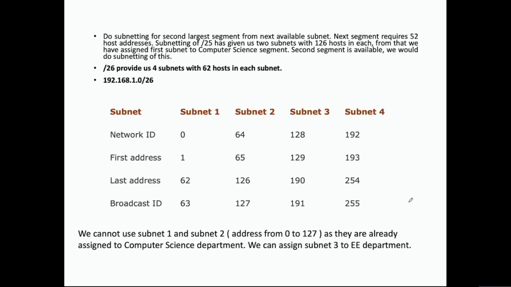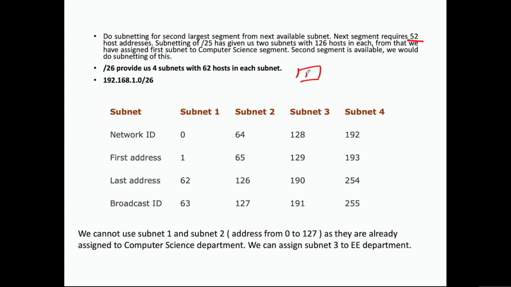So what was the requirement of the next segment? EE, right? In EE, we needed how many host addresses? 52. So what I do is I again borrow another bit from the host portion for subnetting.